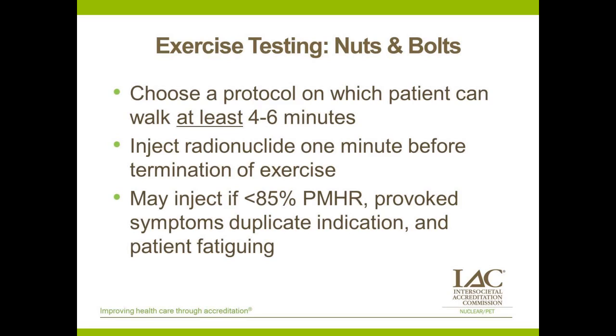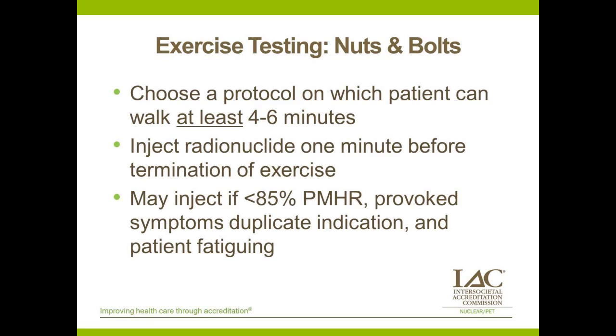You should inject the radionuclide about 1 minute before termination of exercise. This allows adequate circulation time of the radionuclide and adequate extraction of the radionuclide from the bloodstream into the myocardium. You can think about injecting the radionuclide at less than 85% predicted maximum heart rate if you have provoked symptoms that duplicate the indication and the patient is fatiguing.